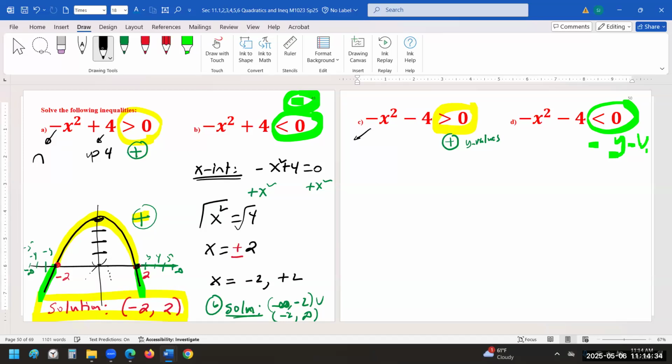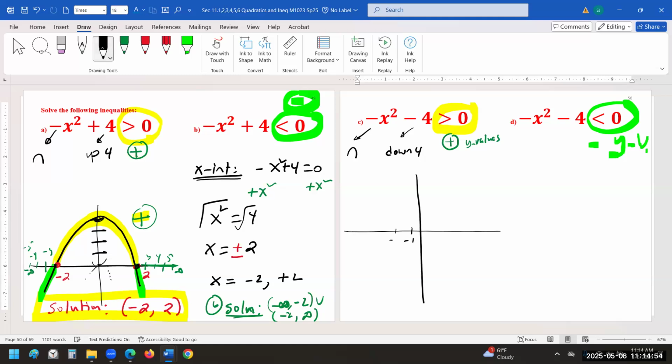So let's draw. Negative x² means what? Upside down. And then you see a -4 after you square. Down 4. So let's draw the graph.